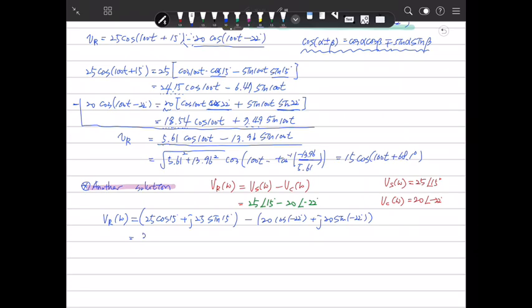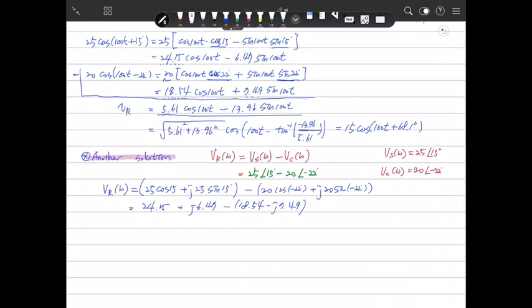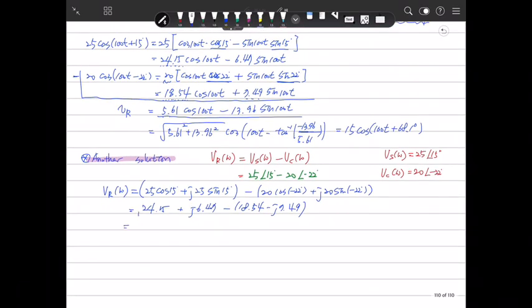So that will be 24.15 plus j6.47 minus 18.54 minus j7.949. Then we can calculate the real and imaginary parts separately. So that will be 5.61 plus j13.96.